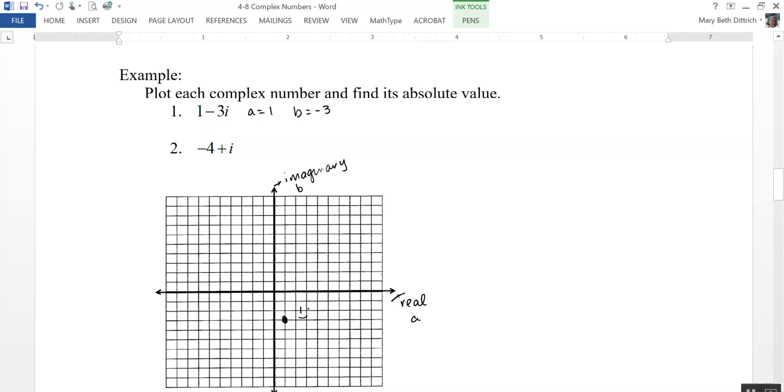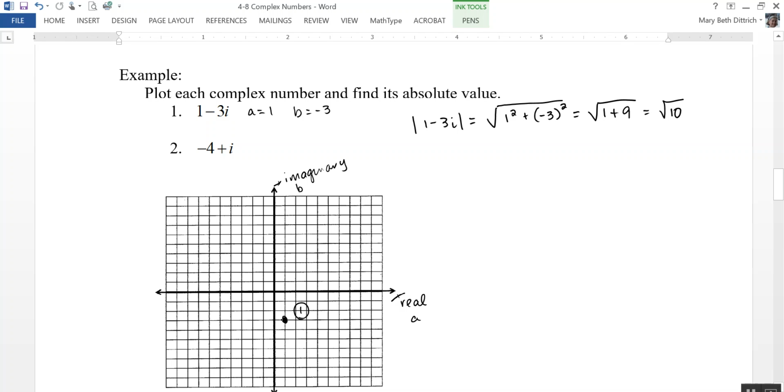And I'll just label that number 1. Now, to find its absolute value, the absolute value of 1 minus 3i is equal to the square root of a squared plus b squared, which is the square root of 1 plus 9, or the square root of 10, which would actually be the distance from the origin to that point that I plotted.